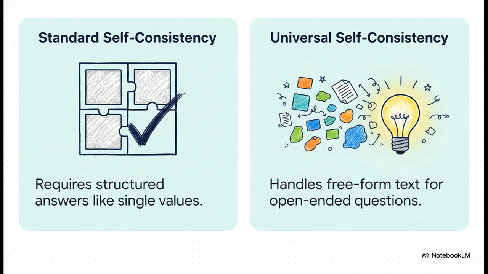But that really only works for structured answers, like single values in math or maybe logic puzzles. Universal self-consistency, or USC, is the missing link here. It extends this incredibly powerful idea to free-form responses. So instead of you having to extract identical answers to count votes, USC leverages the AI itself to handle that free-form or structured text, making it absolutely perfect for open-ended Q&A.